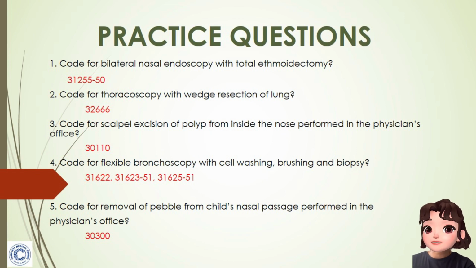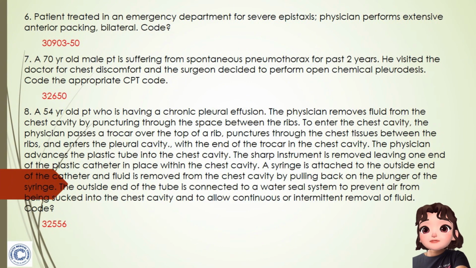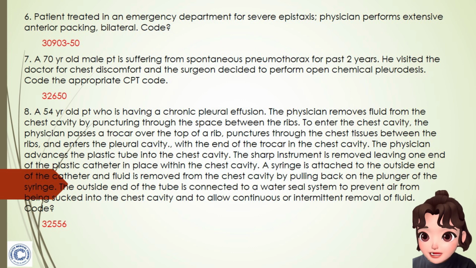Next question. Patient treated in an emergency department for severe epistaxis. Physician performs extensive anterior packing, bilateral. What will be the code? So this is a bilateral procedure, so we'll use the modifier 50. And the patient is in the hospital for epistaxis, so you need to code for epistaxis.